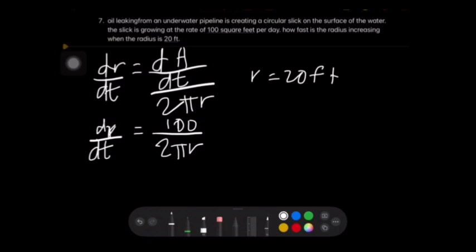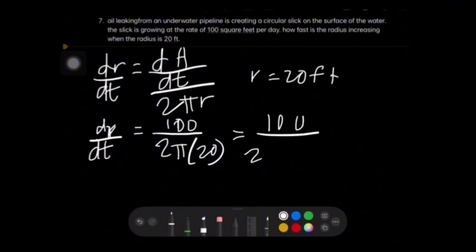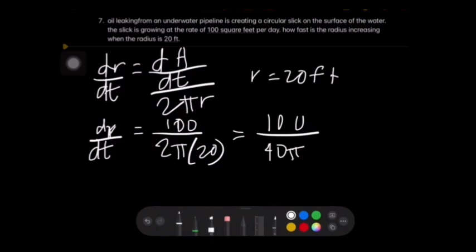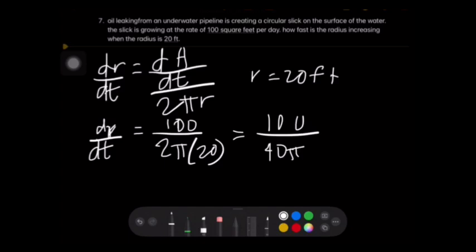So we have 100 over 2 times 20 times pi, which is 40 pi, and 100 over 40 pi is just 5 over 2 pi.